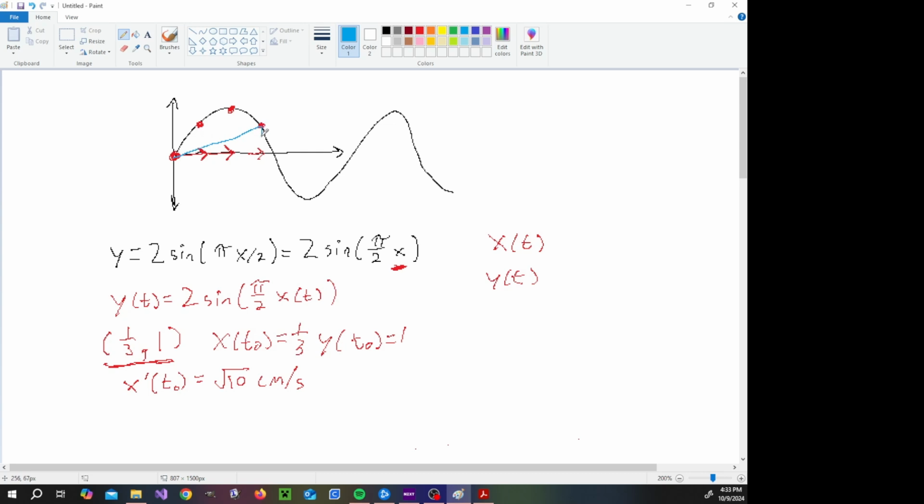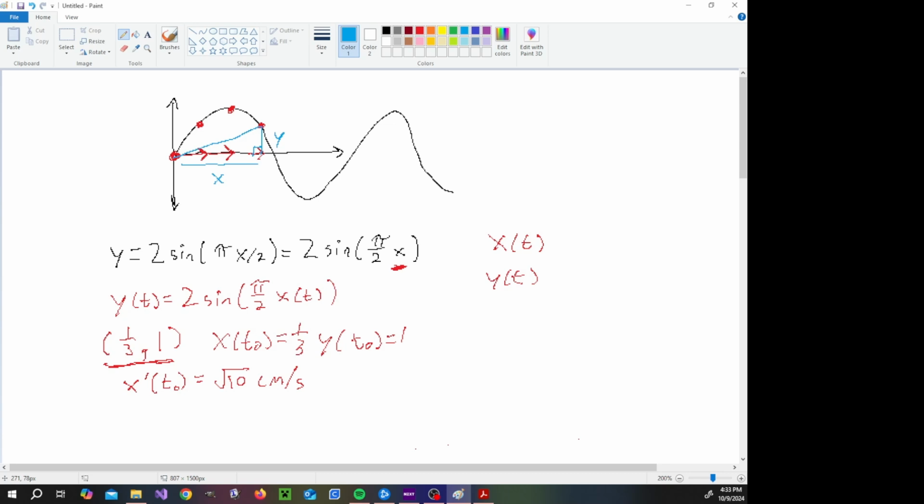Well, I recognize that if I just go straight down, then I have a right triangle where the length of this triangle is the x value and the height is the y value.